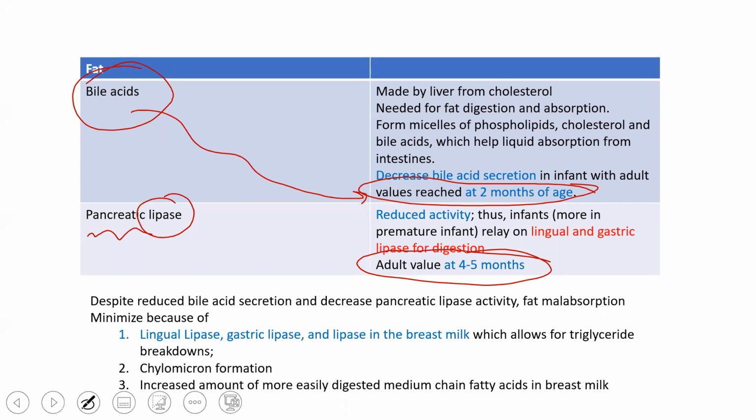So then how do small babies and neonates absorb the fat? If you have bile acid around 2 months and pancreatic lipase around 4 to 5 months of age, here they said it's because babies, preterm and full-term, have lingual lipase in the mouth, plus gastric lipase, plus the mom's milk also has lipase enzyme.